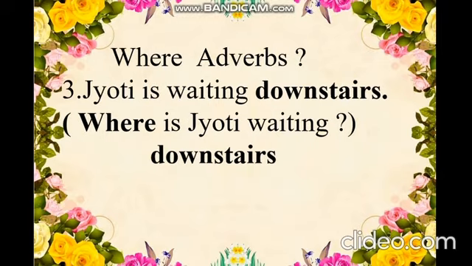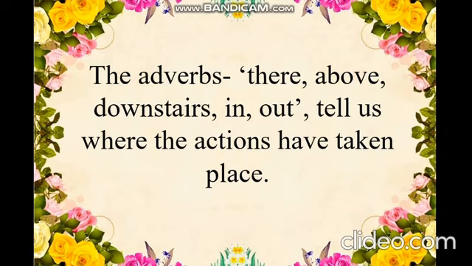Jyoti is waiting downstairs. Here the question is, where is Jyoti waiting? And the answer to that is downstairs. So dear children, these adverbs, there, above, downstairs, in, out, tell us where the actions have taken place.